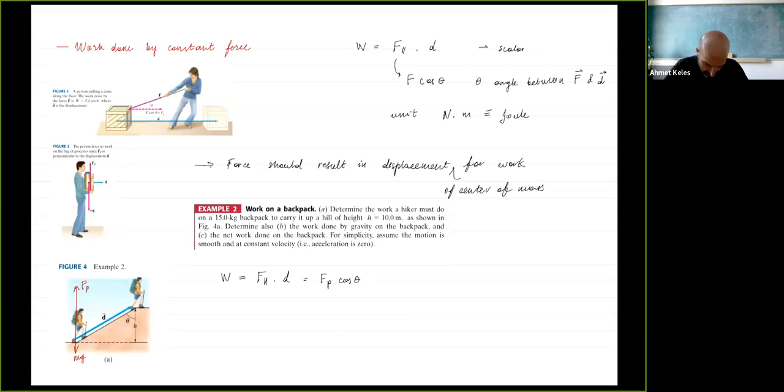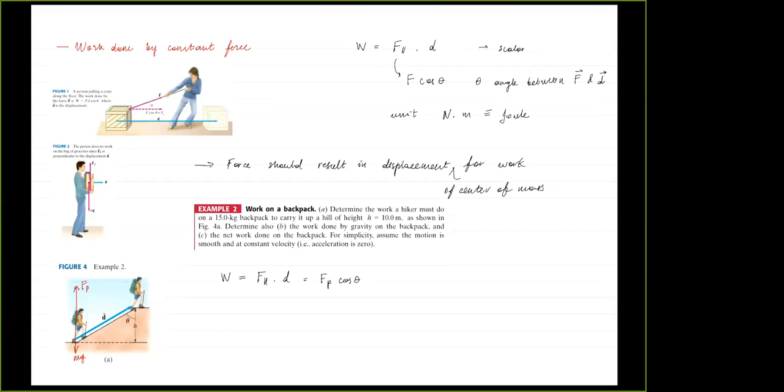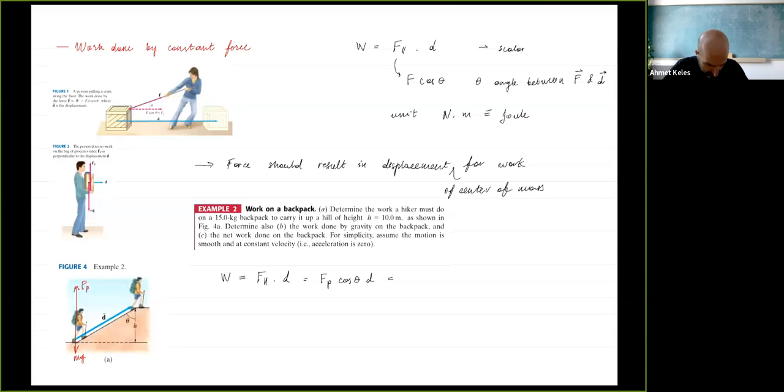And how do I find FP? FP is not given. What do I do? I equate it to the weight of the backpack. Gravitational force is equal to FP, right? That's how he's lifting it.